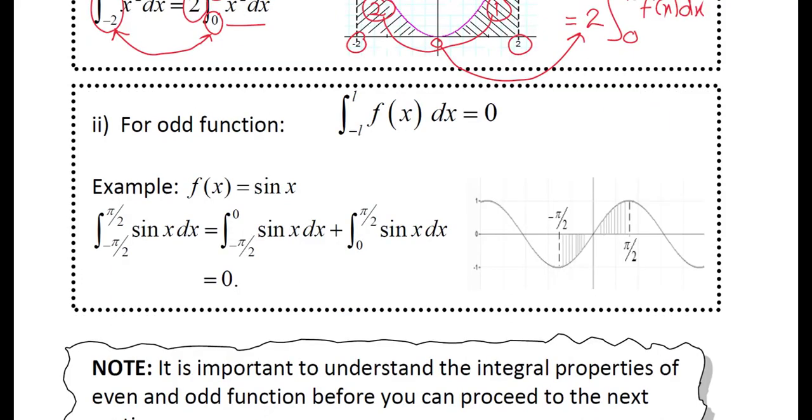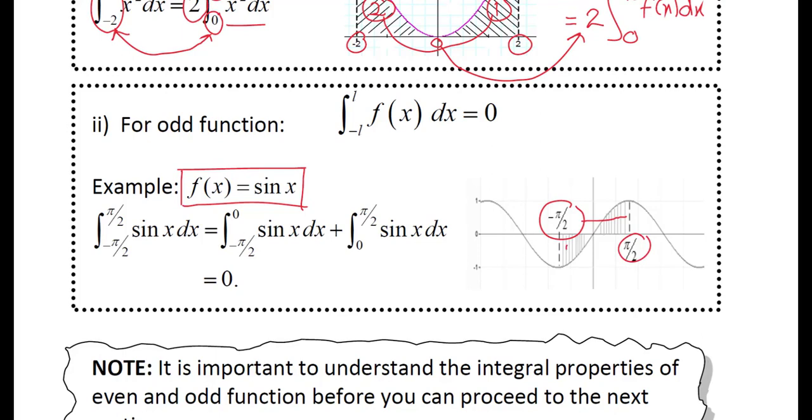Okay, the integral of the odd function is we will get 0. From negative L to L, f(x) dx equal to 0. For example, f(x) is equal to sin x, and then integrate from negative pi over 2 until pi over 2. Okay, so we have two regions.